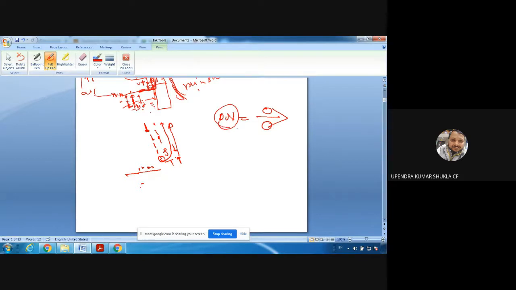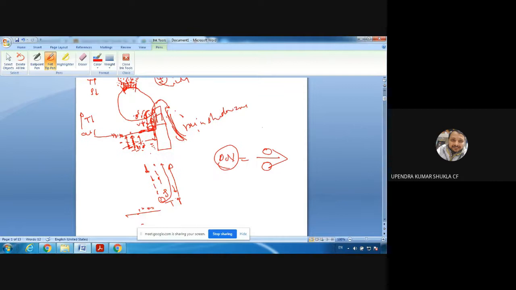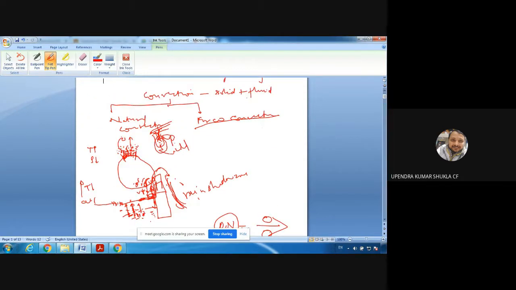Now as far as natural convection is concerned, heat transfer by natural convection is more complex to analyze than forced convection. A brief idea I am giving you: you have solid and fluid for convection. Now if the fluid is moving naturally, then this is natural convection.